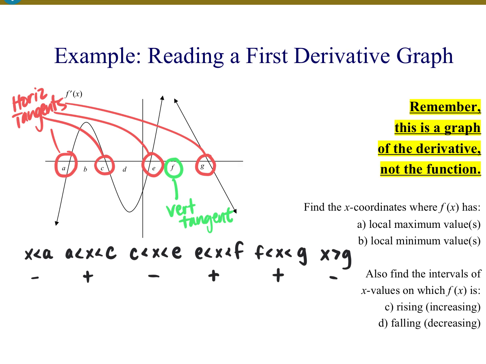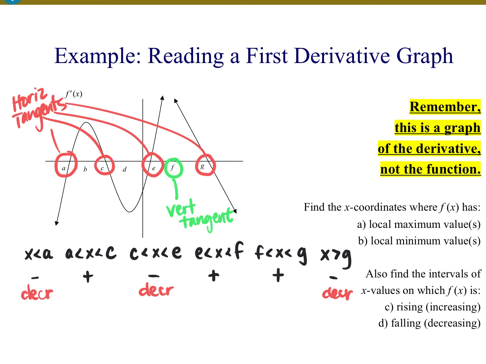So once you have that set up, you can identify the 3 sections that are decreasing. So my decreasing sections would be here, here, and here. And so we would say the function is doing what? Decreasing. Where? On those intervals.